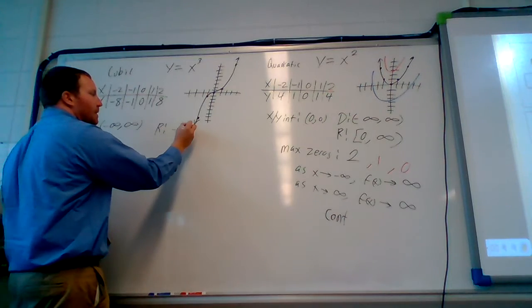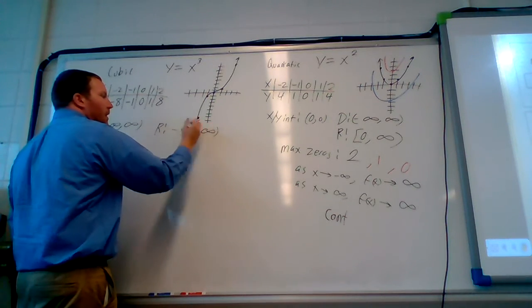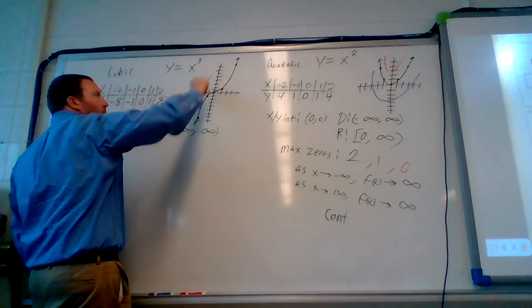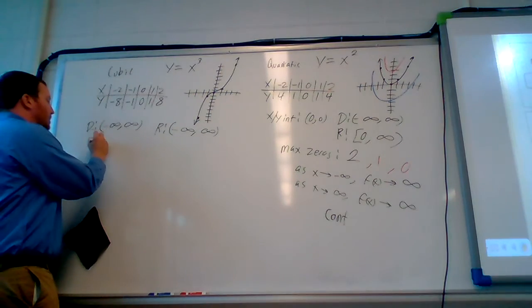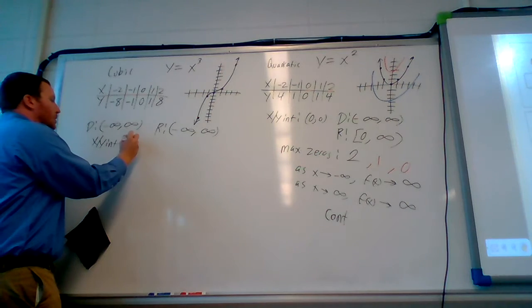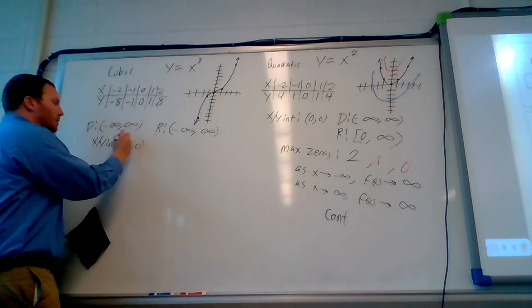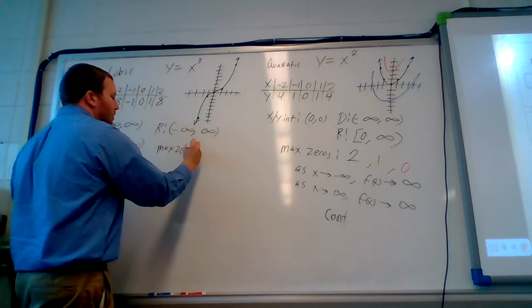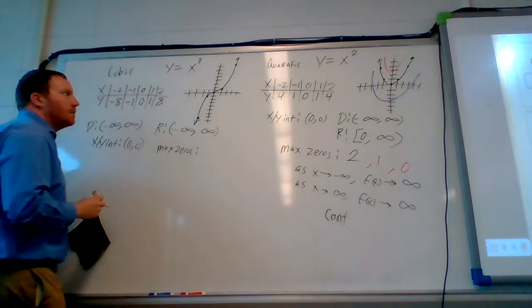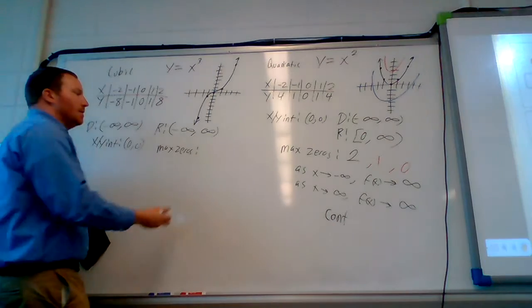Negative infinity. Again, go up towards positive infinity on our y. X, y intercepts. Again, 0, 0. Maximum number of zeros. So on this graph, we have 1.